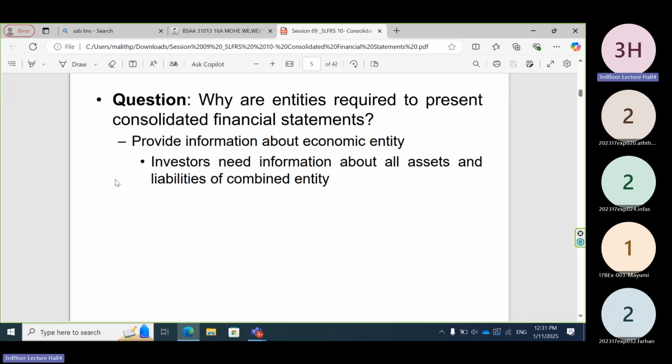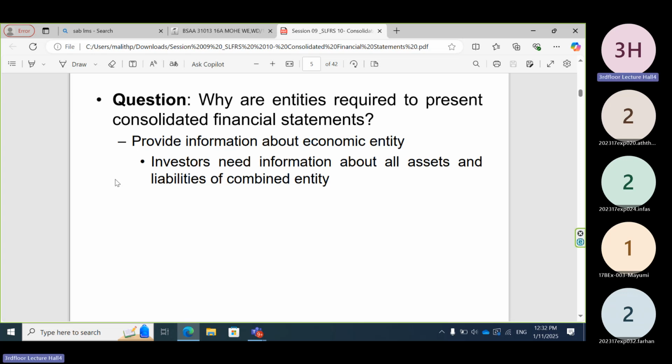As one entity, we may have different entities in a kind of group. It may be a subsidiary, associate, joint venture, joint arrangement, different sets of companies. The investor in that group wants to understand the overall perspective as one single economic entity, and needs information about all assets and liabilities of the combined entity.